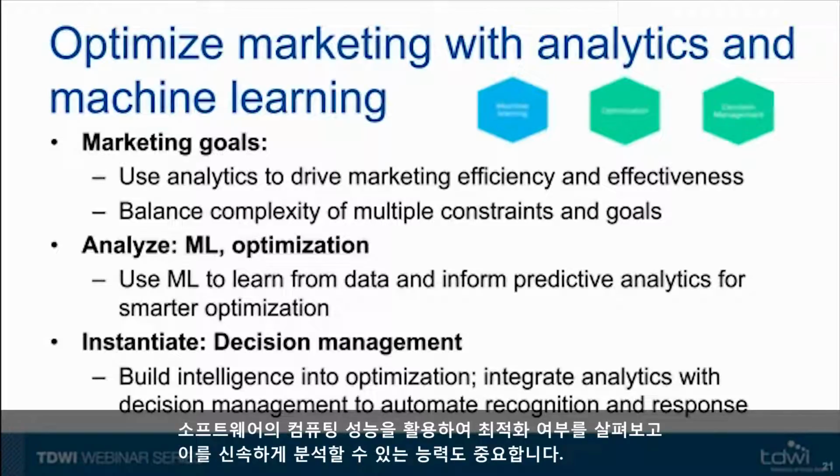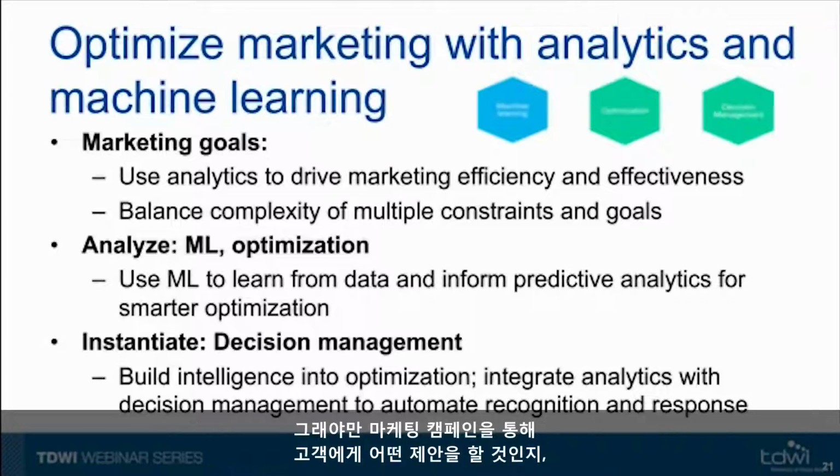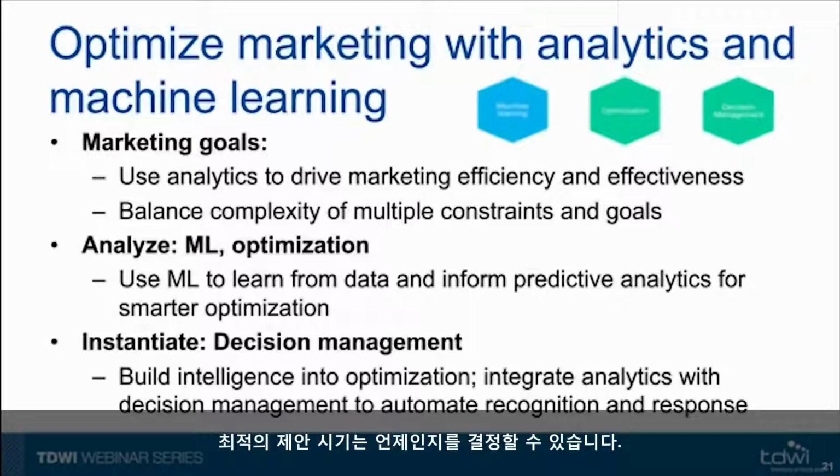So it's important to be able to use software, use the compute capability to look at optimization and analyze it, and do it quickly so you can make decisions about what kind of offers to provide your customers and what to do with marketing campaigns, in the optimal amount of time.